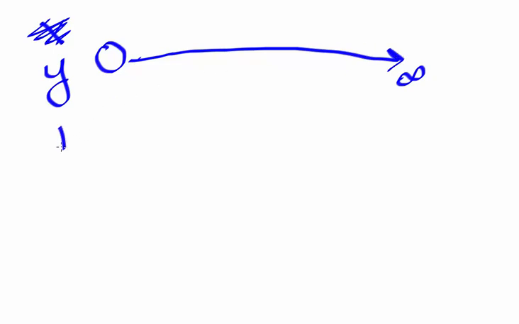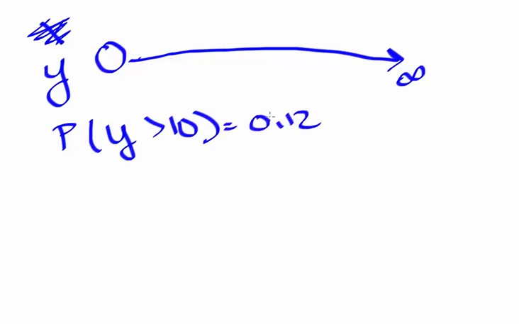And let's say we are given probabilities. In this case, we're given a probability that y greater than 10 minutes is equal to 0.12. And let's say 10 minutes is here. So y is greater than 10, and it's represented here.